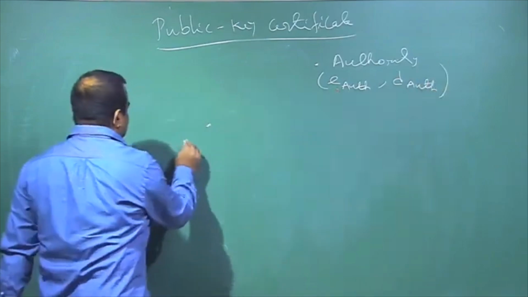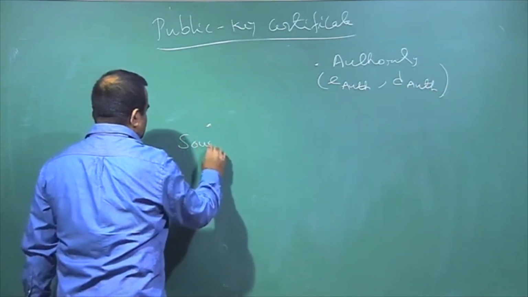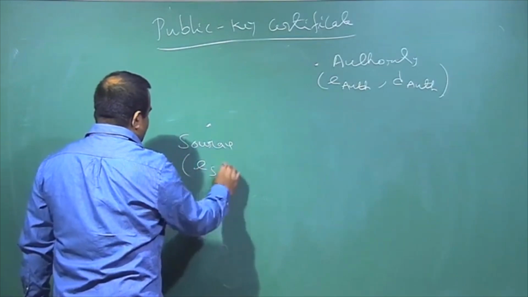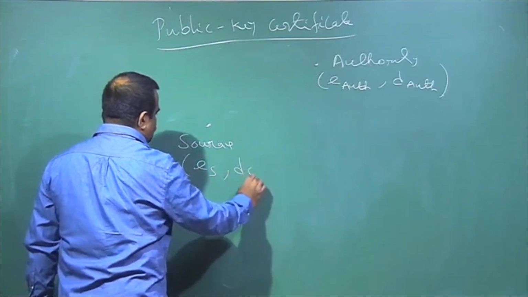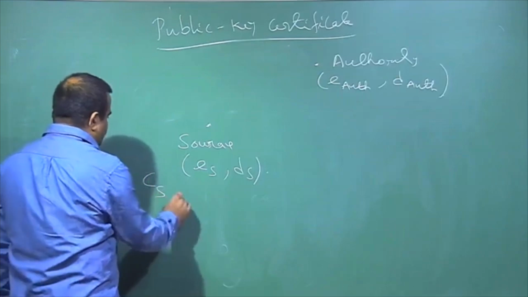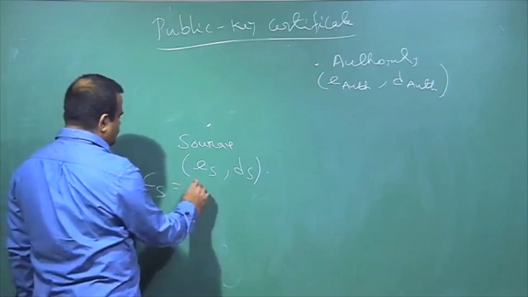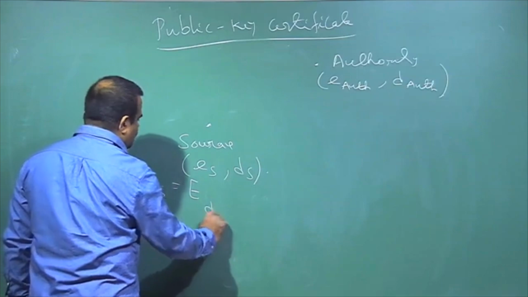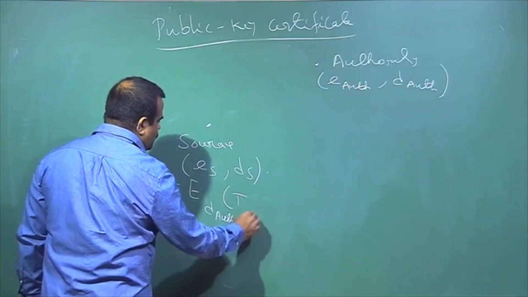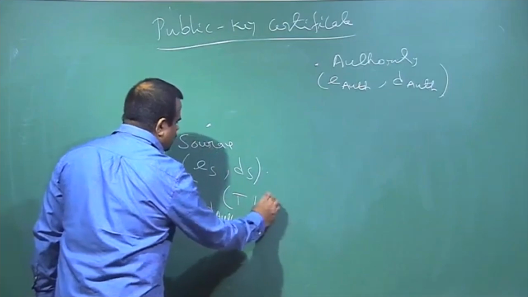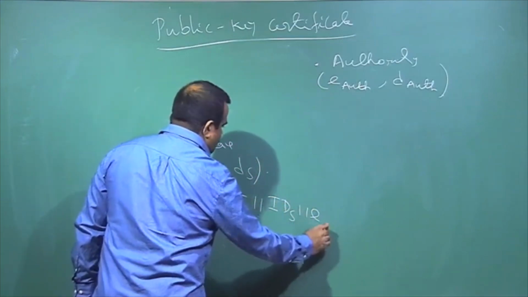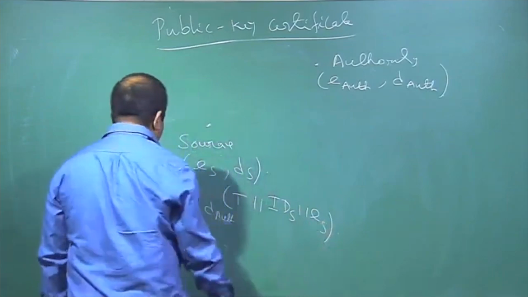Suppose this is me: I was having a private key and public key pair, and also a certificate, digitally signed by the authority, with a timestamp along with my ID and my public key.